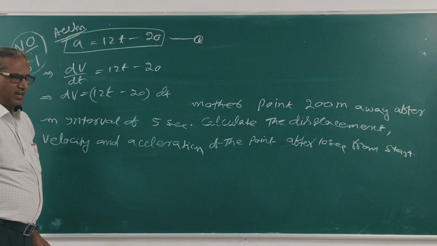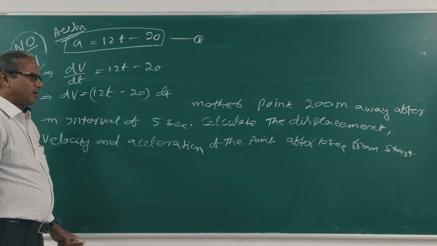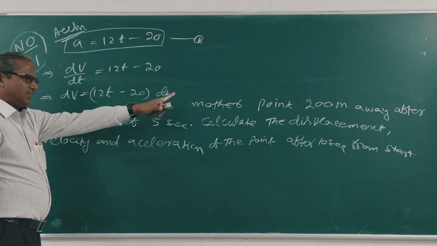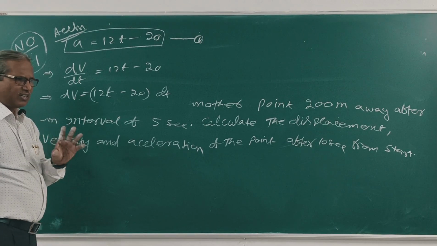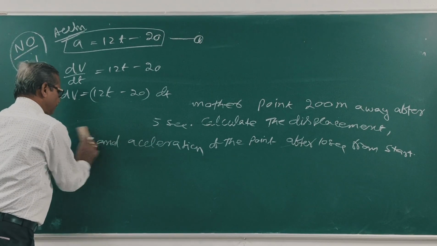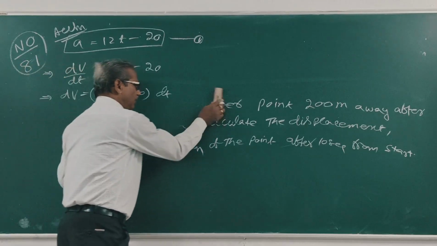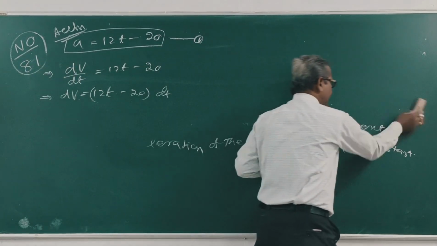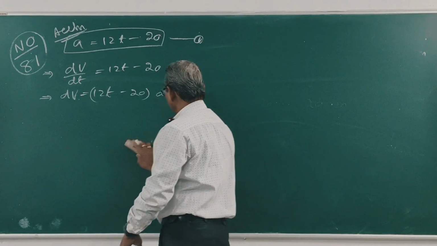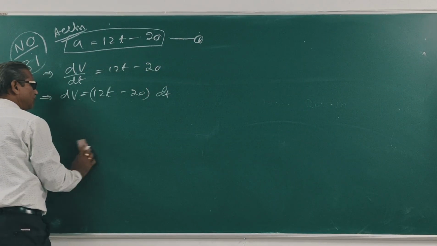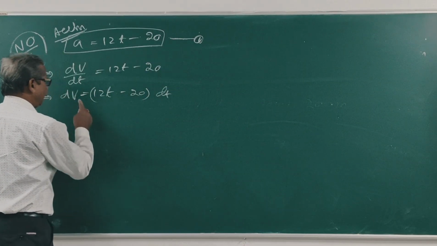The condition is at t equal to 0, v equal to 0. After 5 seconds, the distance is 200 meters. First, find out the equation of velocity and displacement. Now, integrating both sides.